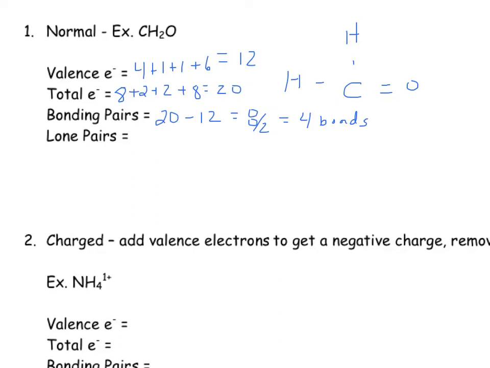Final step, calculate how many lone pairs should be on your diagram. You do that by taking how many valence electrons you have minus how many shared electrons you have. That tells me how many unshared electrons are on my diagram. If I divide that number by 2, that tells me how many lone pairs I need.